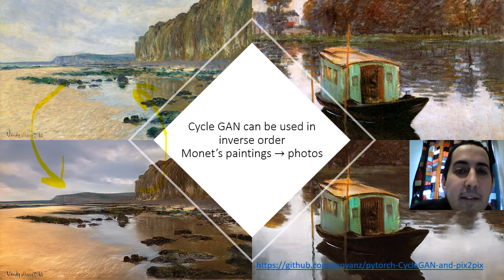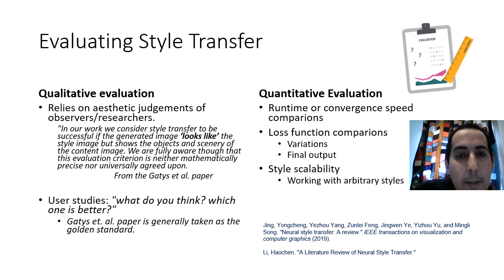To summarize, CycleGAN is a very successful extension of GAN, Generative Adversarial Network, and it has many applications including style transfer. This brings me to the final part of my presentation.